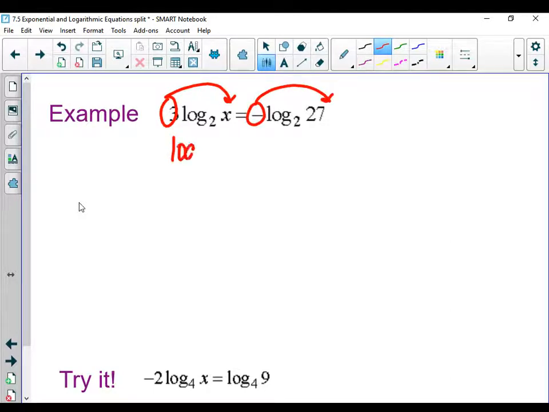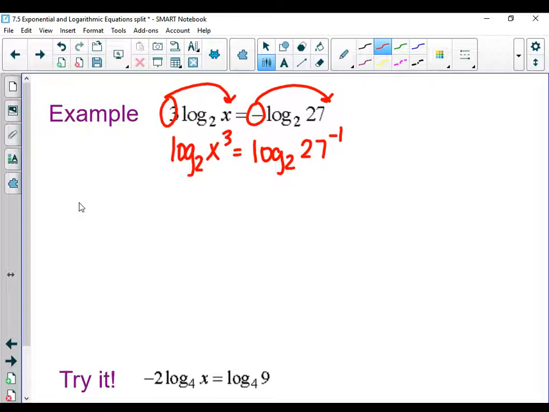I have log base 2 of x cubed is equal to log base 2 of 27 to the -1. Now, this is that new property. When you put the exponents there, do they go inside of the parentheses? Inside. Okay. You're not squaring or cubing the logarithm. You're squaring or cubing the x. Yeah.